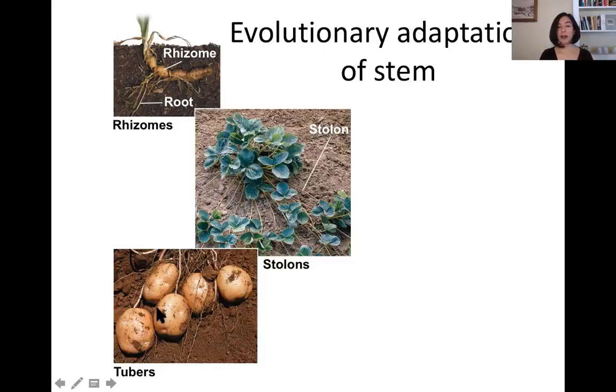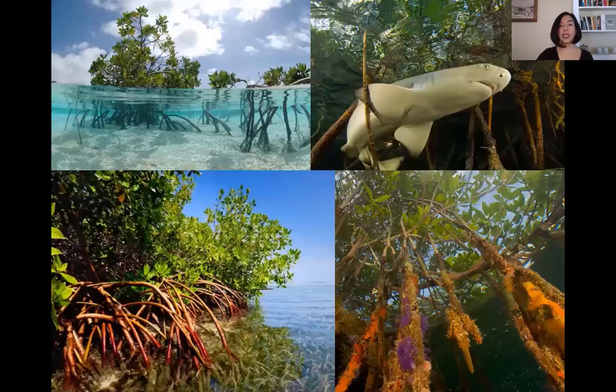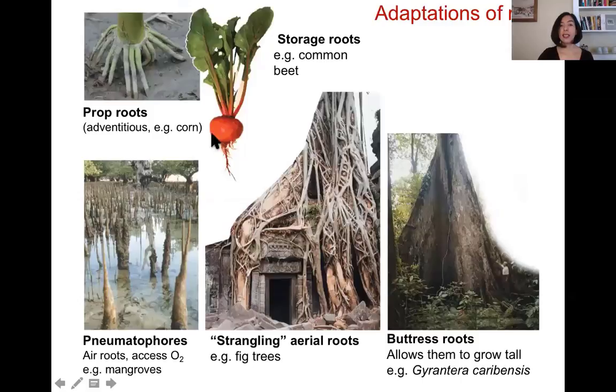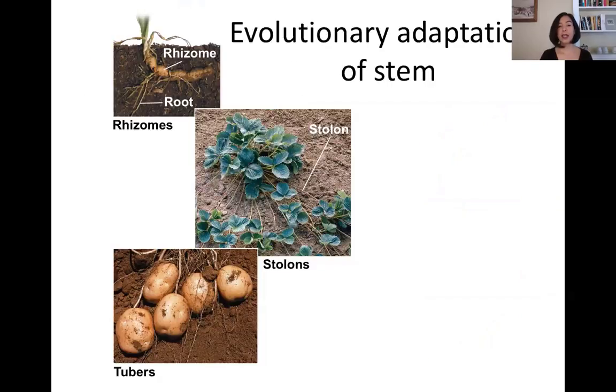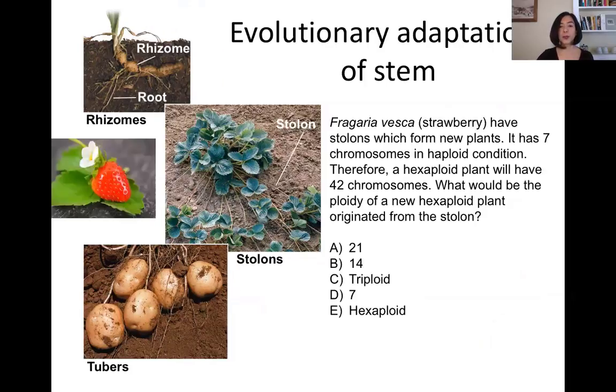And tubers are going to store a lot of starch. So similar to what we saw before in the roots that can store carbohydrates, such as carrots or beets, here we have stems that store a lot of starch.